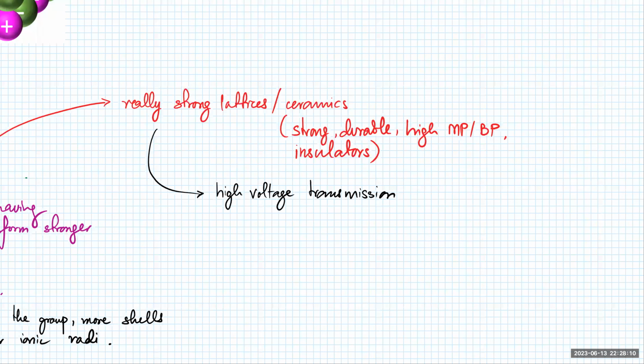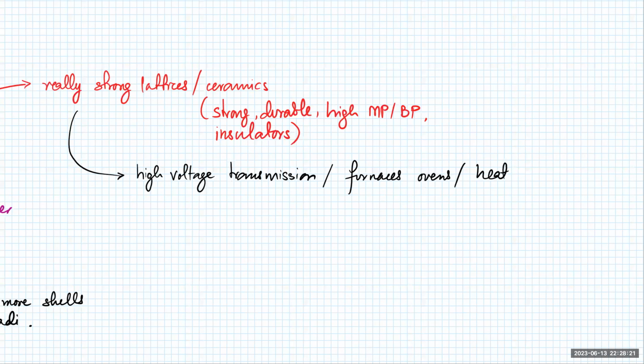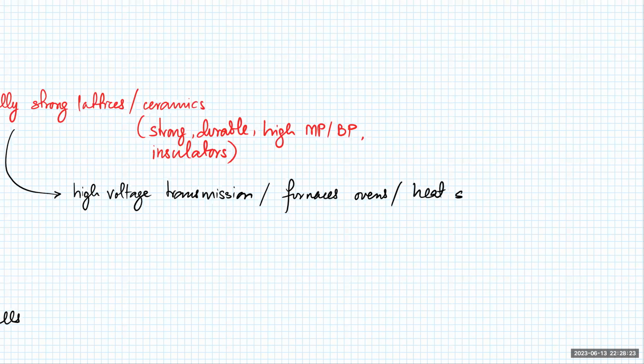So it's high voltage transmission, furnaces, ovens, heat shields for spaceships, etc. So magnesium oxide is one of those substances.